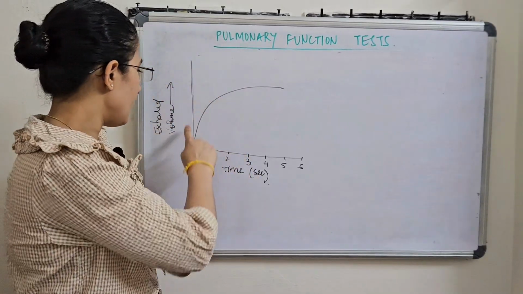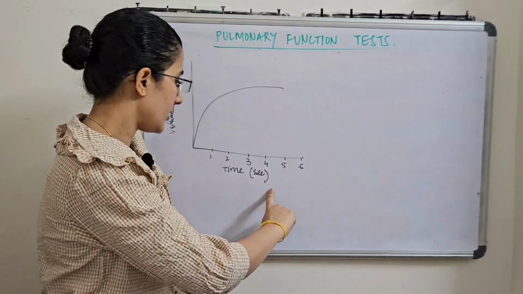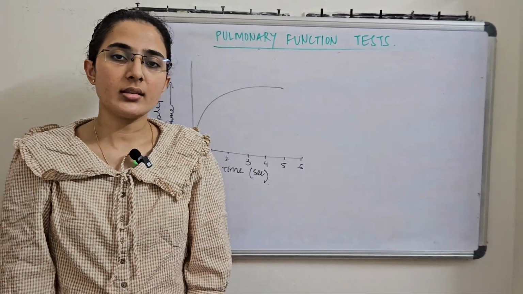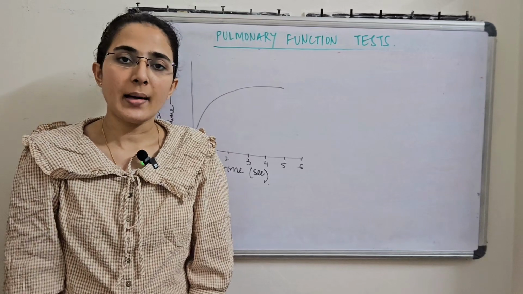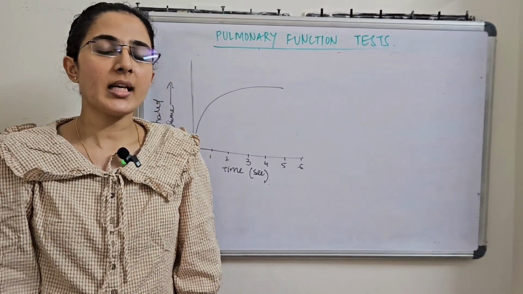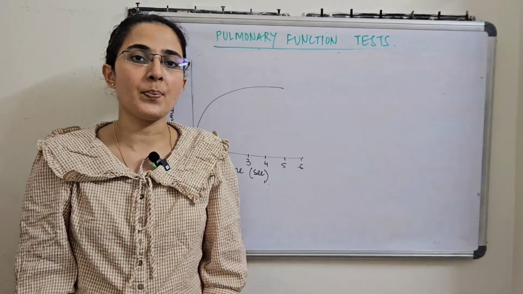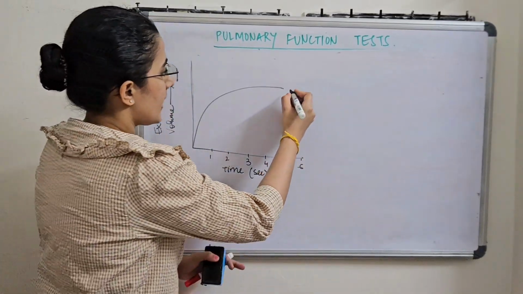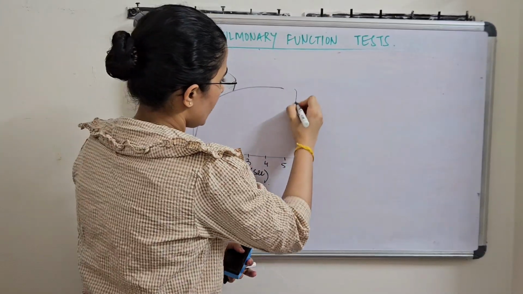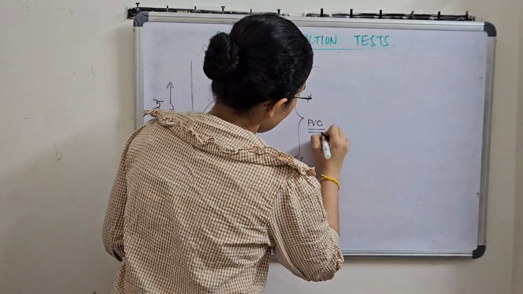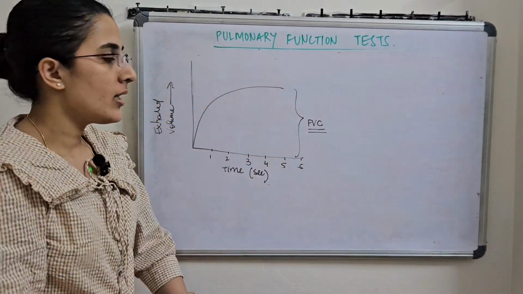Next we will be seeing the dynamic lung volumes which I have mentioned earlier. This is a graph which shows exhaled volume versus the time in seconds. The patient is asked to take a deep breath and exhale as rapidly as possible within the first 6 seconds. We calculate the maximum volume that is exhaled during the particular time interval, that is called the forced vital capacity, the FVC, right?